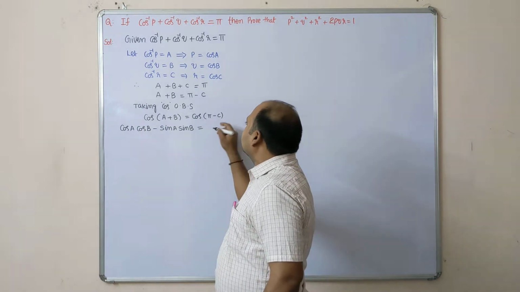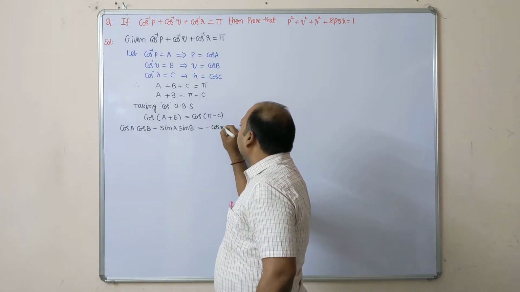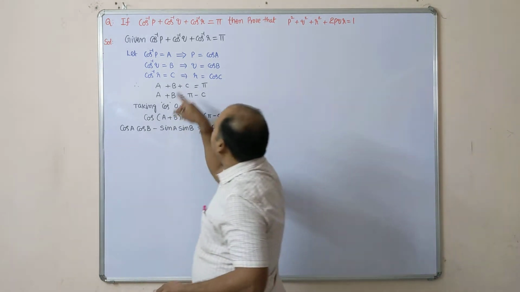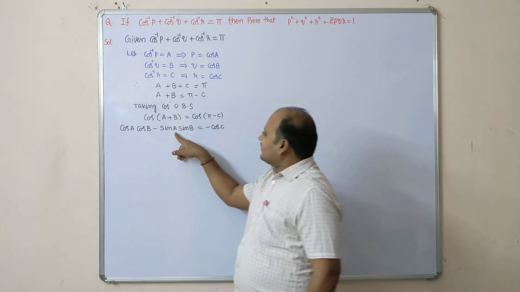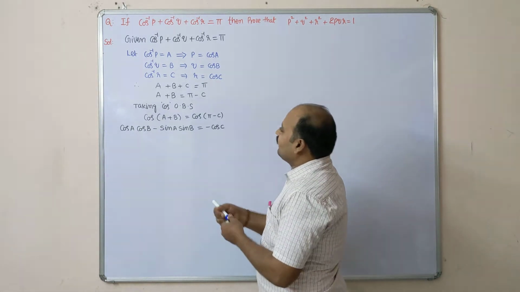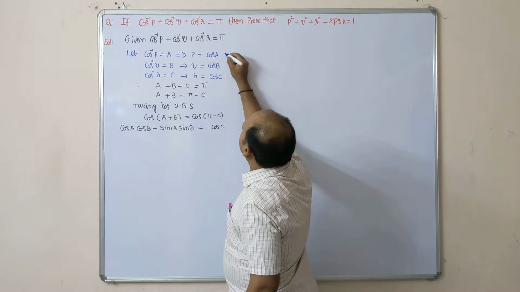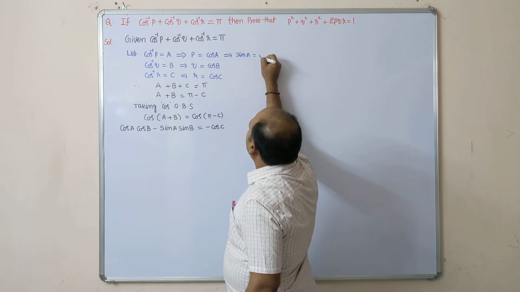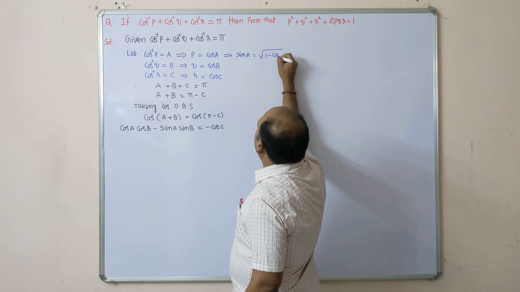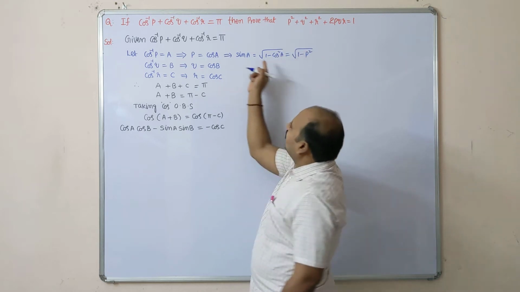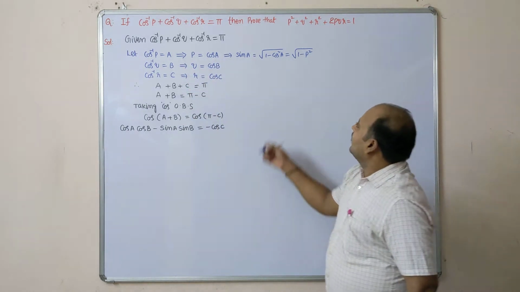So cos of pi minus C is minus cos C. Here cos A cos B values we have, but sin A sin B values are not there. So what we have to do is find sin A sin B values. Cos A equal to P, no? Sin A equals root 1 minus cos square A, so that is equal to root 1 minus P square. Cos A value is P.